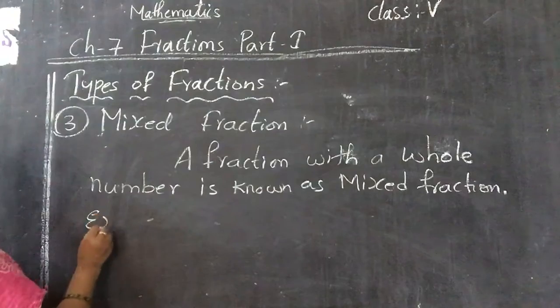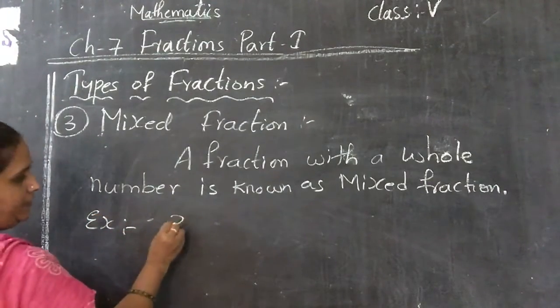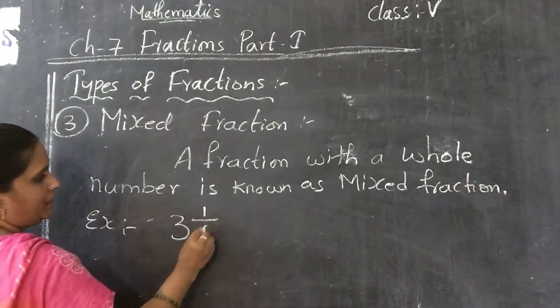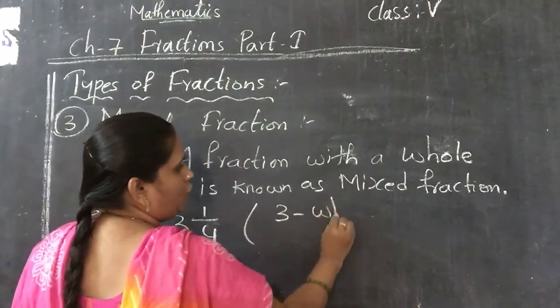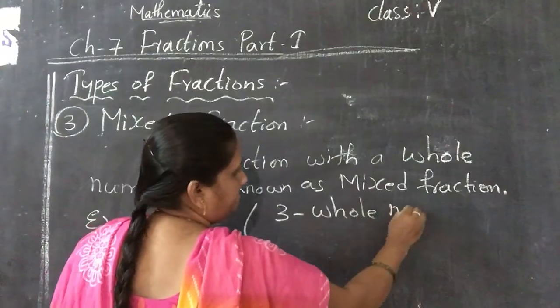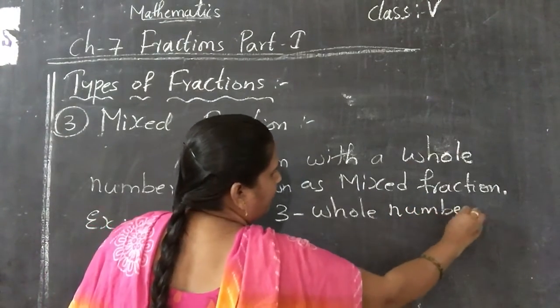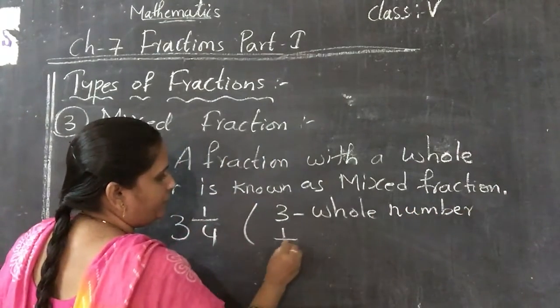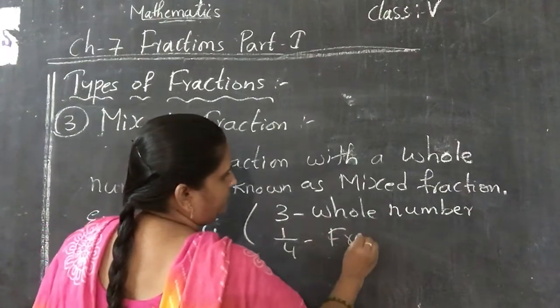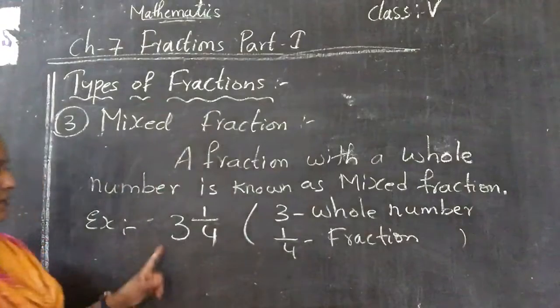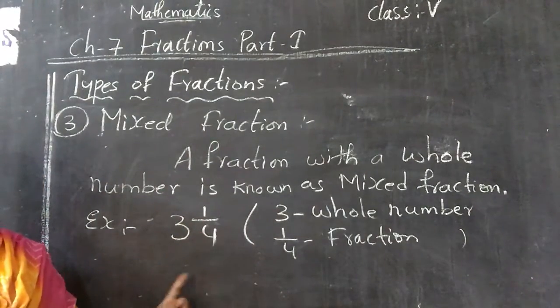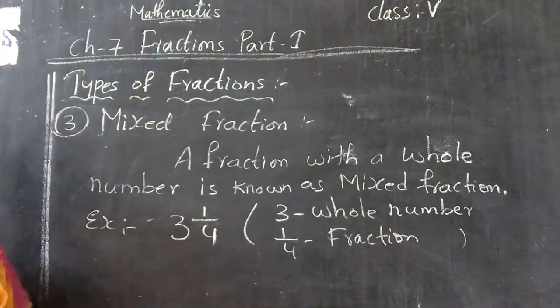Example, 3 1/4. Here 3 is a whole number and 1/4 is a fraction. This is known as a mixed fraction.